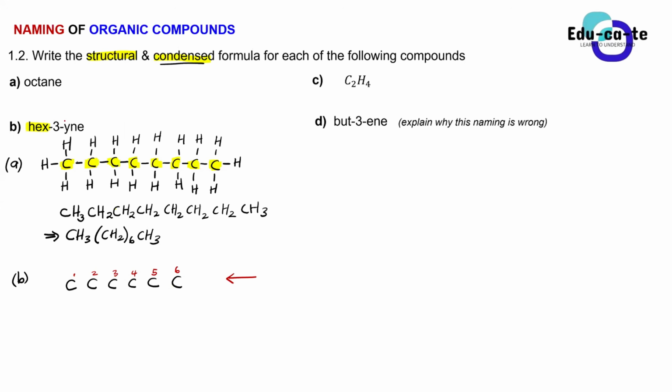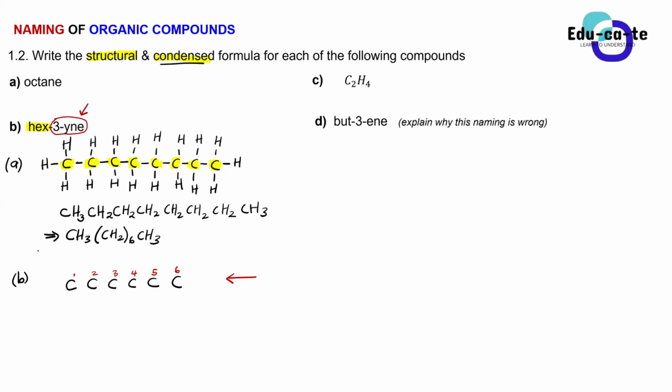Now the 3-yne, what does it tell us, guys? It's a triple bond. The yne tells us these are alkynes, and you know that alkynes have got a triple bond between 2 carbons.